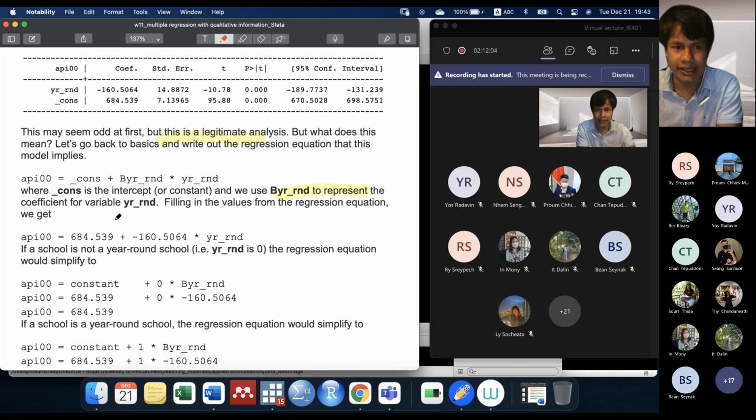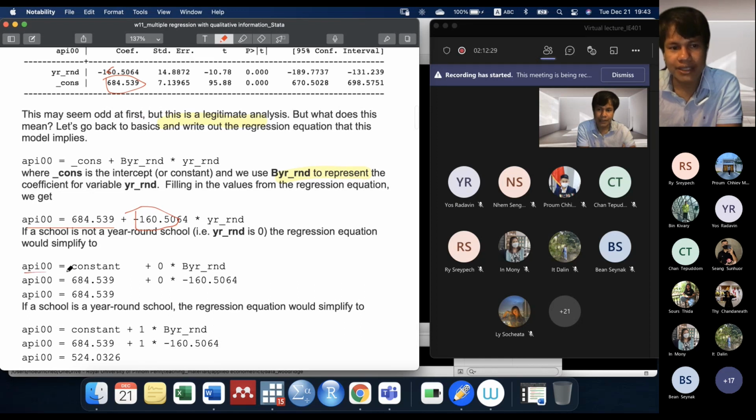You will obtain this: FP, this is the constant you get from here, and this is the coefficient, minus, here, multiplied by year round. So if it is not a year round school, the regression equation is simply the constant plus 0 times year round. So the constant is the intercept for schools which are not year round.